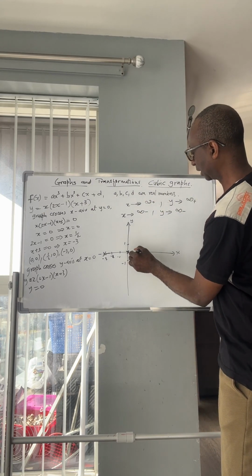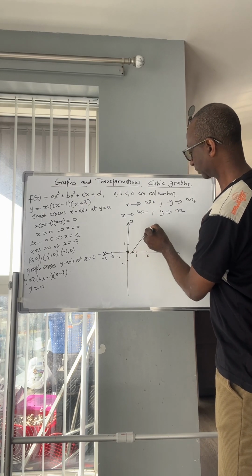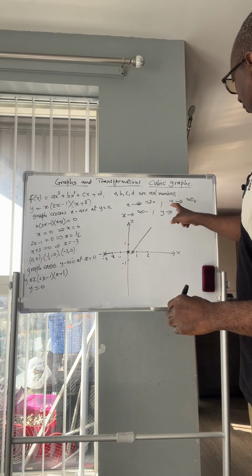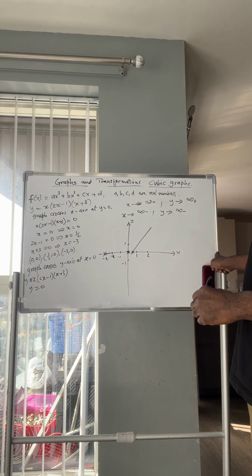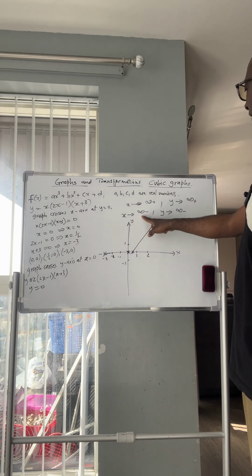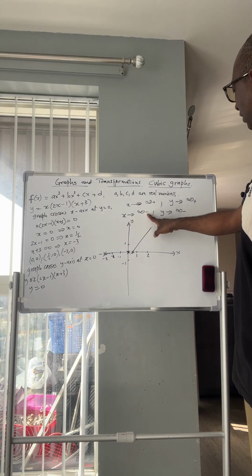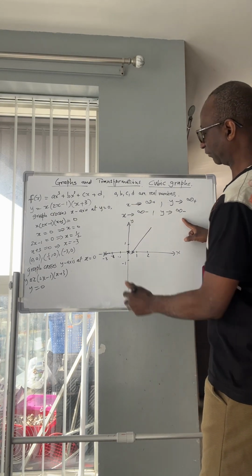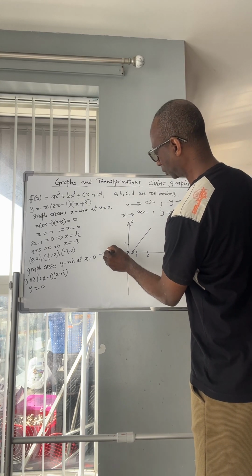So we now know the graph will go like this, because x going larger, y going larger. And as x is getting to minus infinity, y is approaching minus infinity. So this will also go like this.